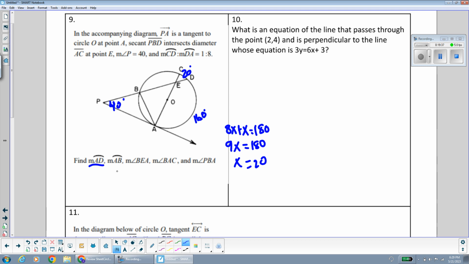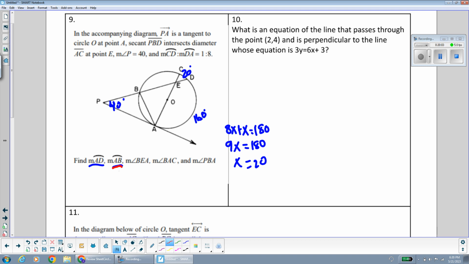So the next part is find arc AB. So notice how arc AB is intercepted by this outside angle. And we have a theorem that says the outside angle is equal to half the difference of the intercepted arcs. So, and let me use a different color for this.